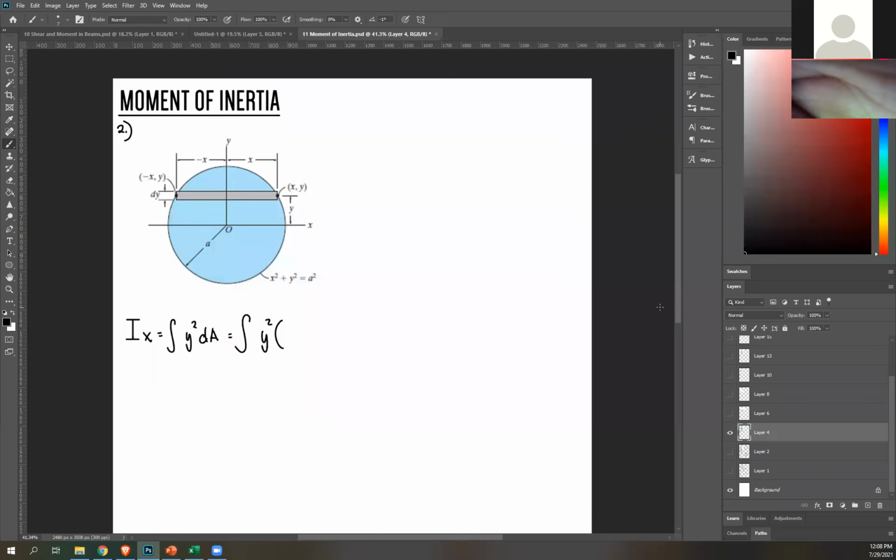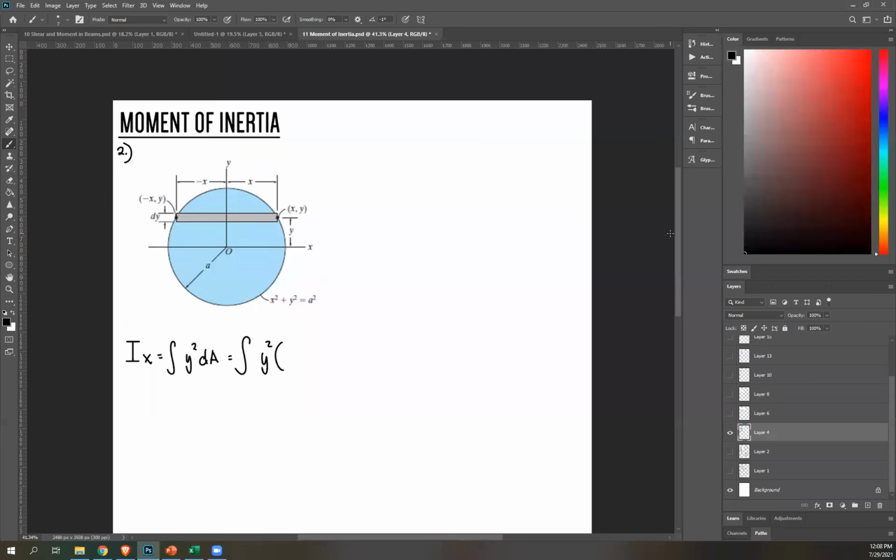So why is it 2x? Considering first the center, your axis is at the centroid, and then we have two lines of symmetry, meaning left and right is equal to top and bottom. So considering this point, the length or the base of your area from the y-axis to the edge is your value x.